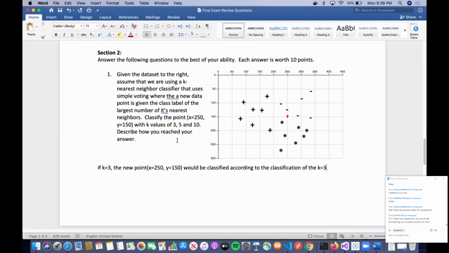We want to change k to be 3. Then after that, what if we change k to be 5 and then change k to be 10?